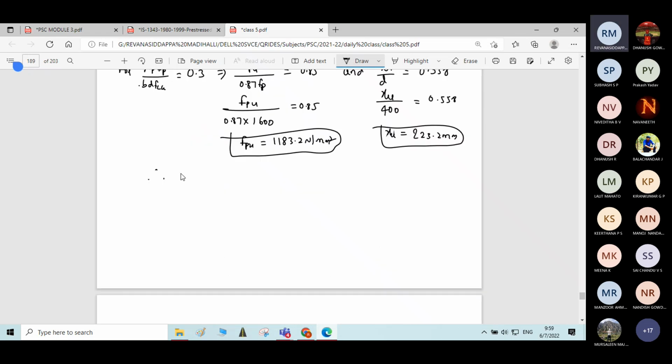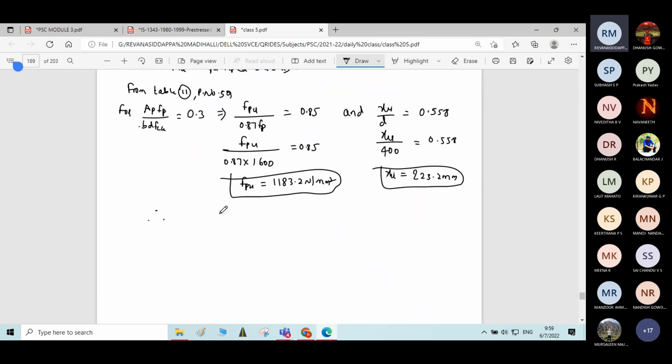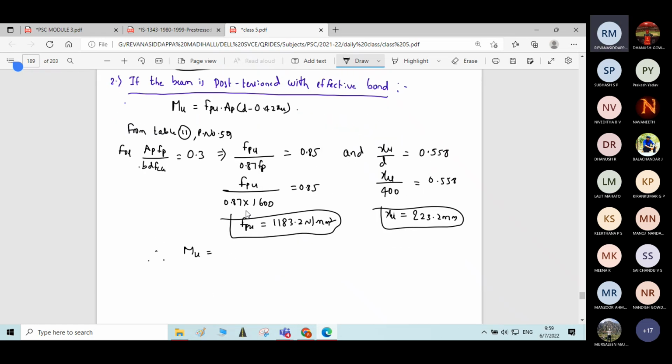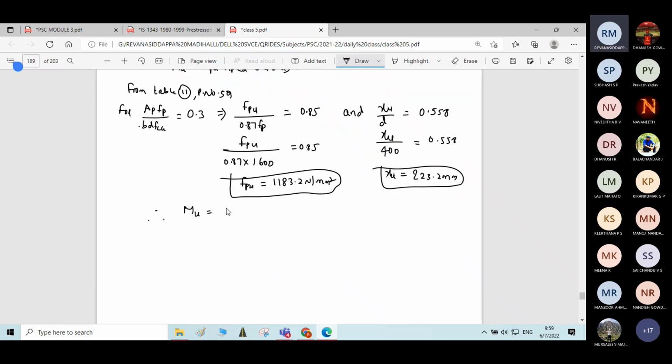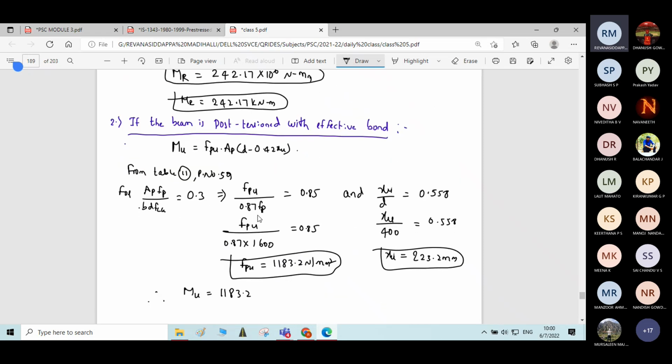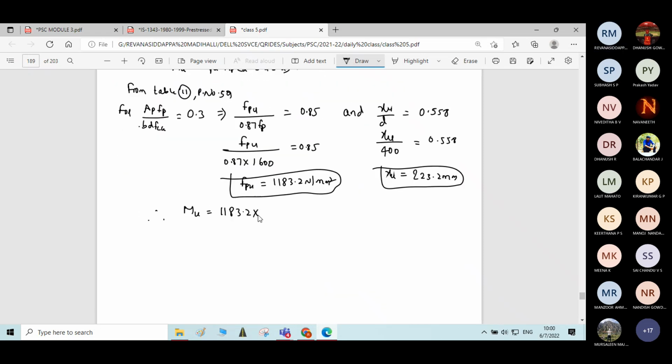Therefore, MU, or MR, whatever, is equal to FPU 1183.2 into AP 600 into D minus 0.42 XU, 400 minus 0.42 into 223.2 millimeter.